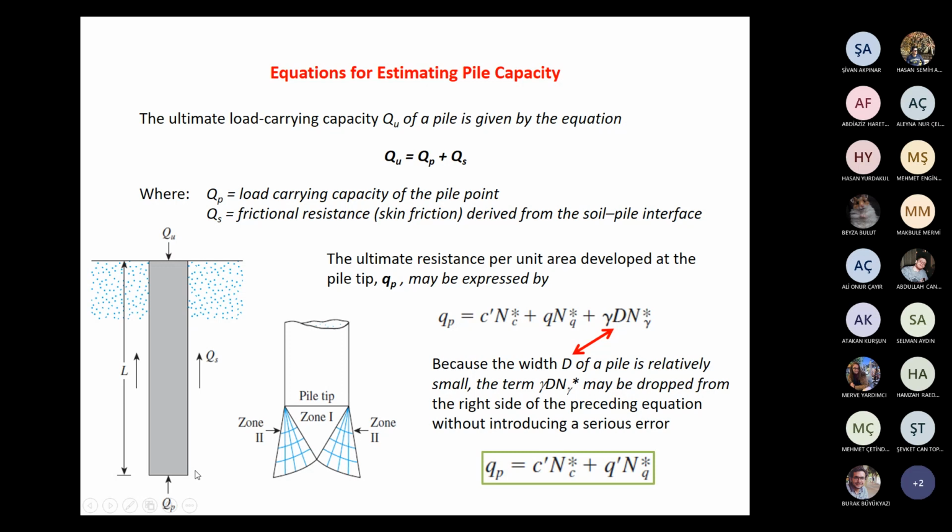It's generally around 30 to 90 centimeters, but length may be 10, 15, 13 meters anyway. So this term may be dropped, and our final Q sub P equation simplifies to c Nc plus q Nq.